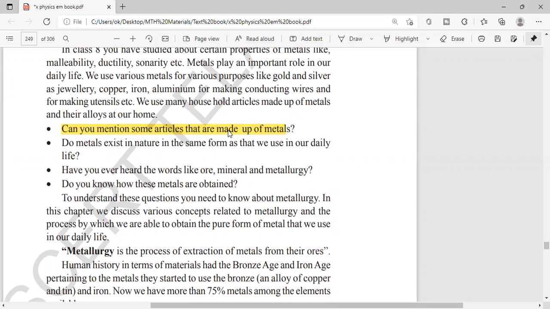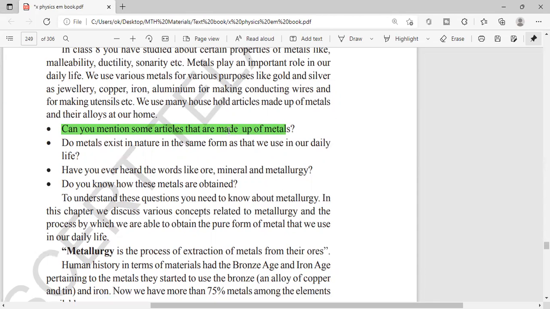Here, what they are, especially utensils, vehicle body parts, doors, machinery parts, iron bars. So many are there. If you start writing individually, maybe your list is not enough, right?